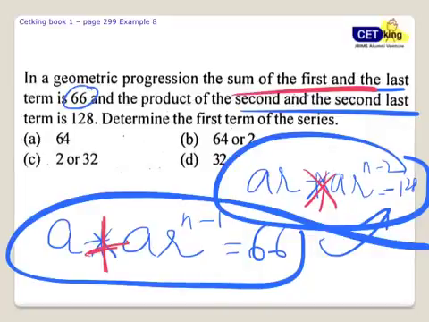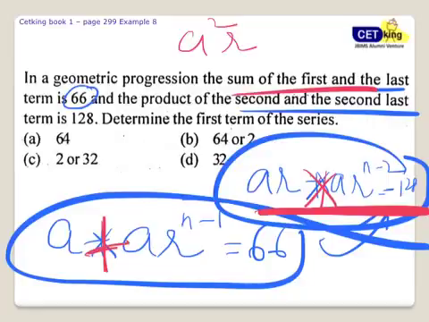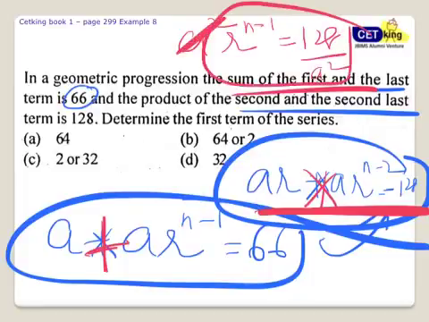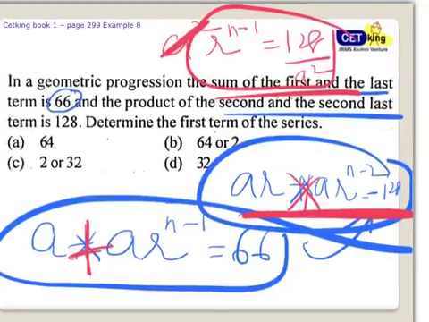Alright, I need to find the value of A, so I have to replace r with something. If I take this equation, this is A square r to the power n minus 1 is equal to 128, or r to the power n minus 1 is 128 by A square. This I have to put in this equation.